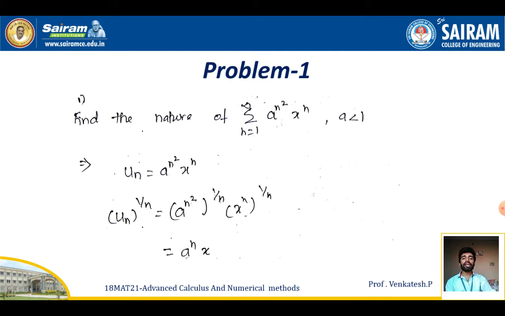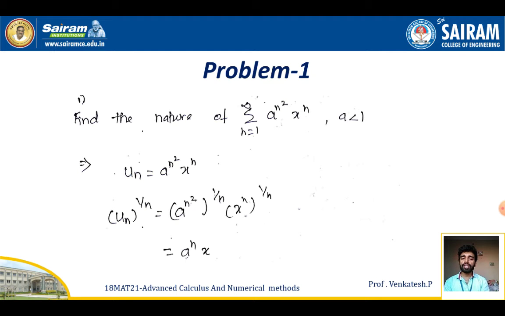The function is given in terms of powers of n, so as I already said, we can directly go for Cauchy's root test. I take un is equal to a power n square x power n as the un value here.